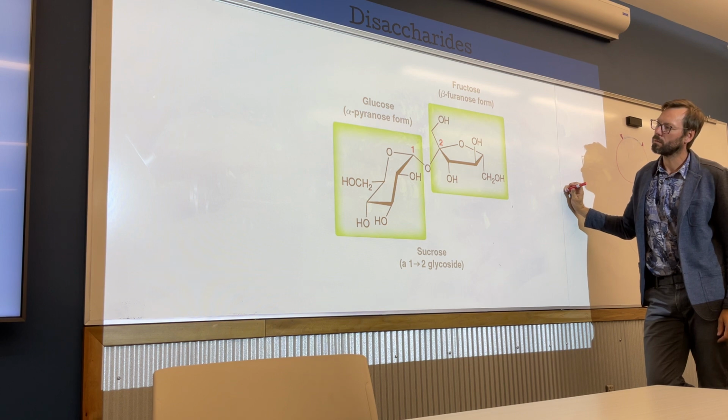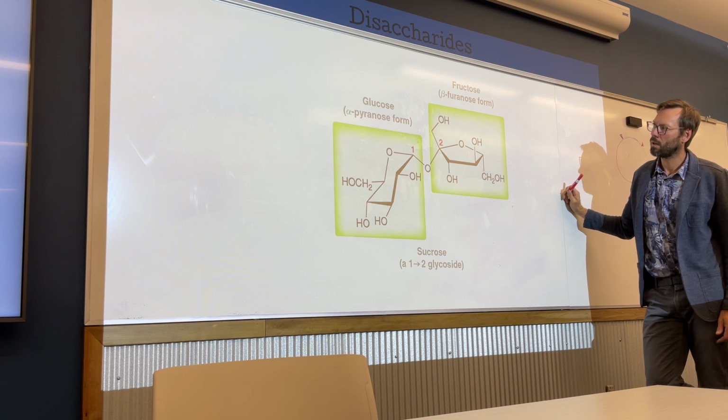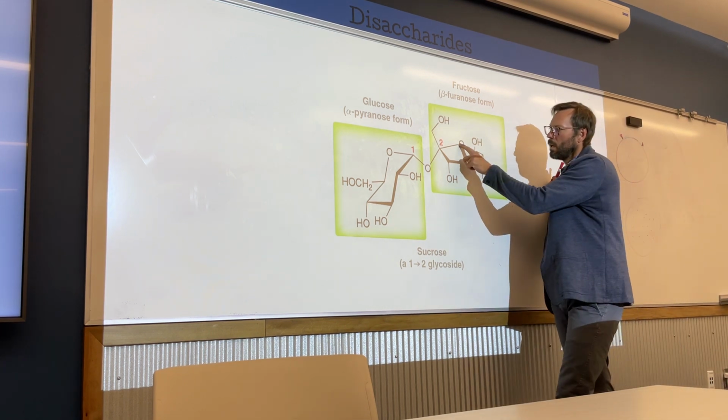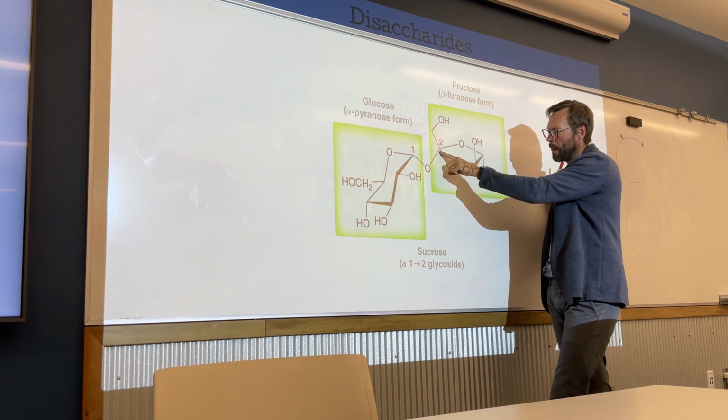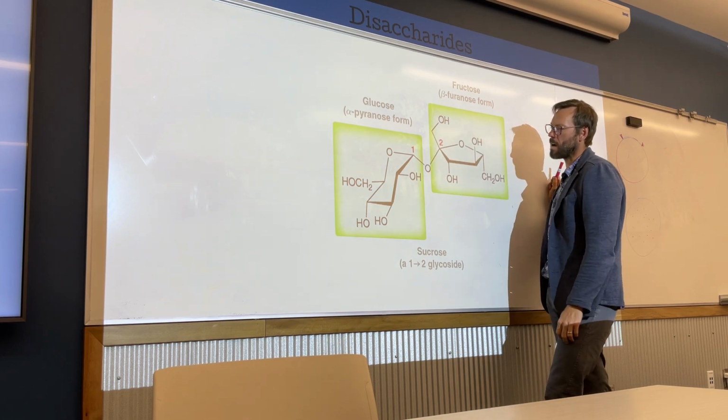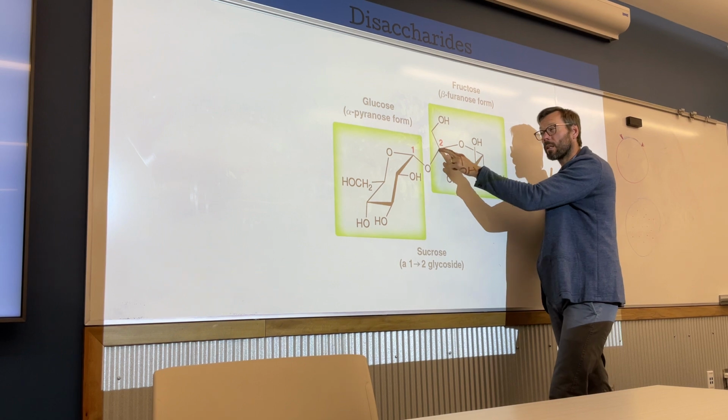I thought it was the anomeric carbon. I guess that is the anomeric. Well, it's coming off of here, so they must be saying that that's 1. That's weird. I'll have to look into that. I would think that that's the anomeric.